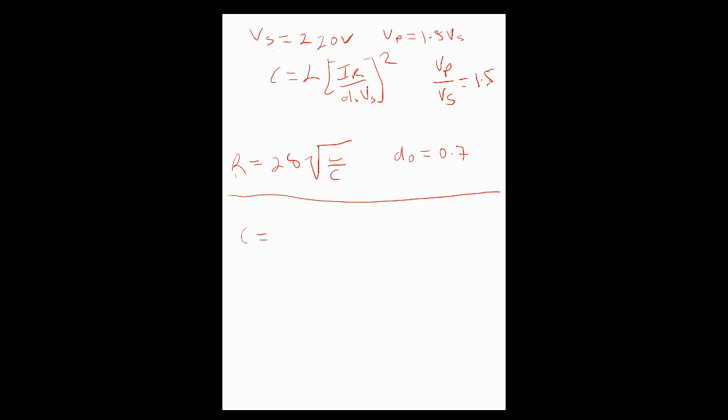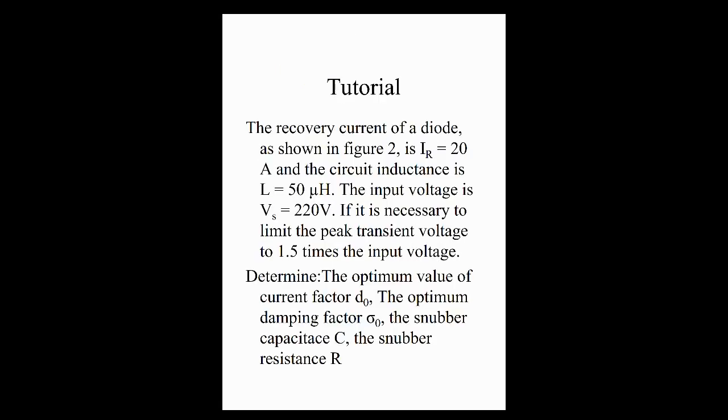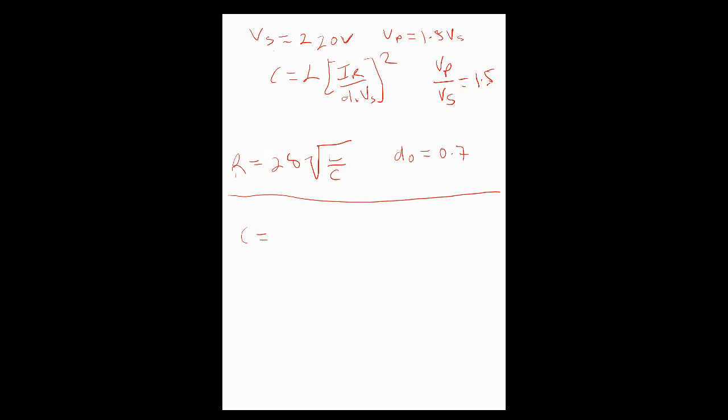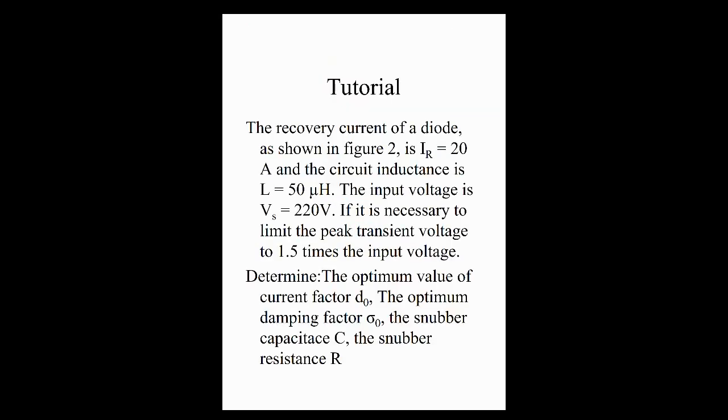What is our value of inductor? It says 50 microhenry, so 50 times 10 to the minus 6. And IR, the reverse recovery current, you're told that it's 20 amperes.